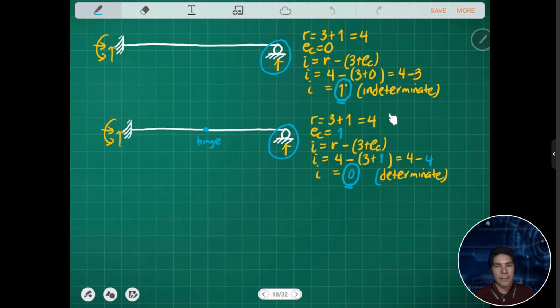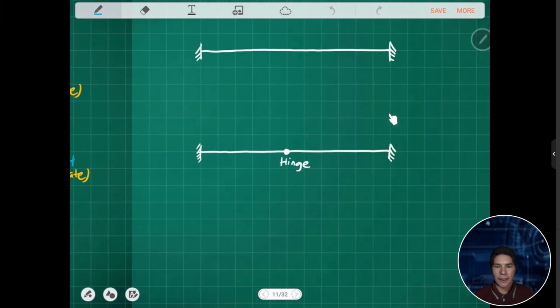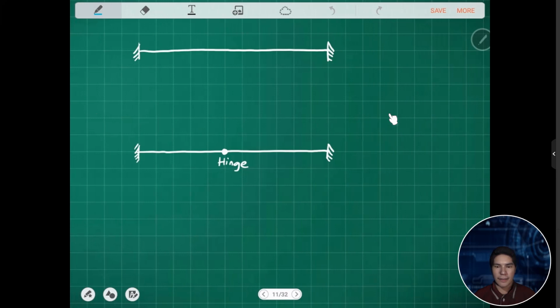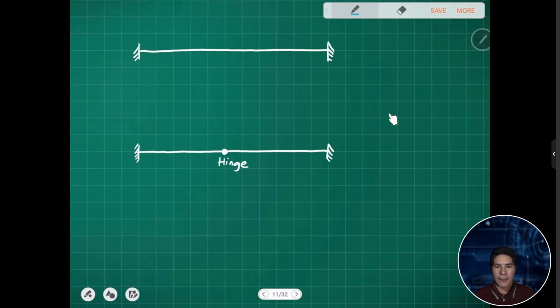So this time we're going to solve additional problems for the degree of indeterminacy. Again, the problem is we need to determine if determinate or indeterminate.